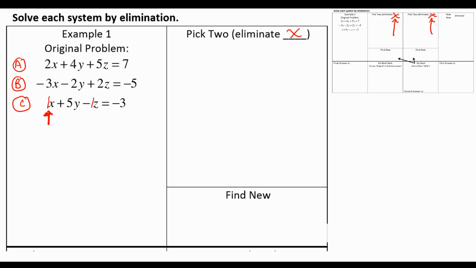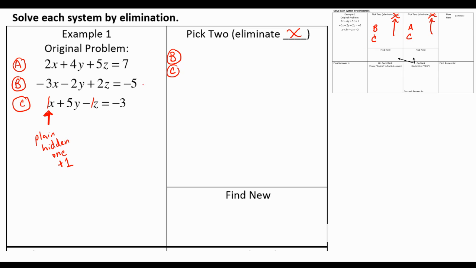Since I've identified that C is a really good equation, I'm going to choose my first combination to be B and C. And the next one, we can't repeat. We have to have something new. We're going to use A and C. And C is good because it has a plain hidden 1, in other words, a positive 1.